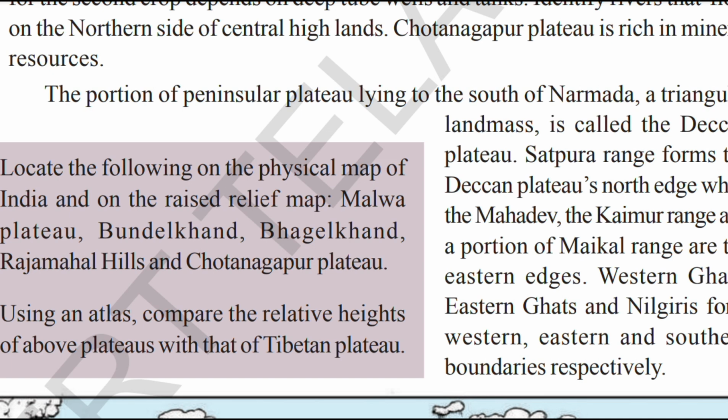You can also figure out that he is trying to test you on the Malwa Plateau, Bundelkhand, Baghelkhand, Rajmahal Hills, and Chota Nagpur Plateau. These might be very important questions for your board examination, so he might pick questions from this portion only. We should be prepared for this.